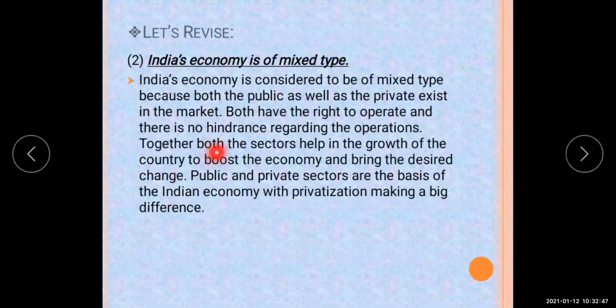Together, both sectors help in the growth of the country, boost the economy and bring the desired change. Privatization is making a big difference.